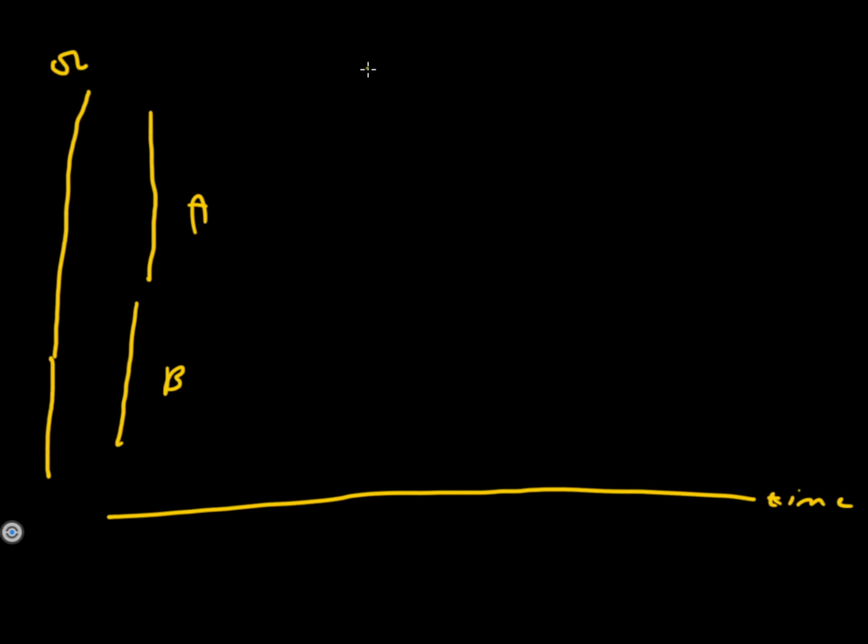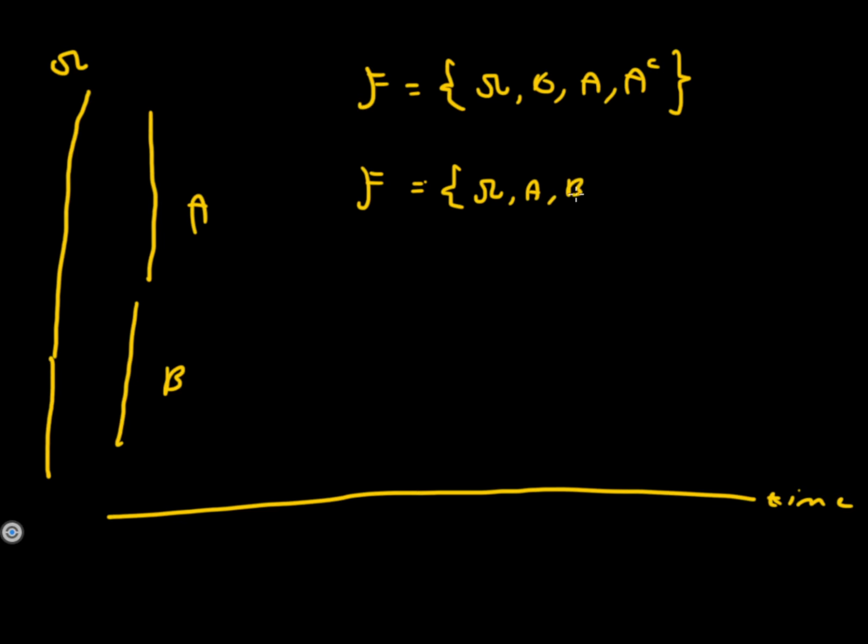Now in this scenario, the sigma algebra at hand would be the sigma algebra containing omega, the empty set, A, and its complement, or in this case B. So if we have something that contains omega, A and B, this would not be considered a sigma algebra because it doesn't contain the empty set.